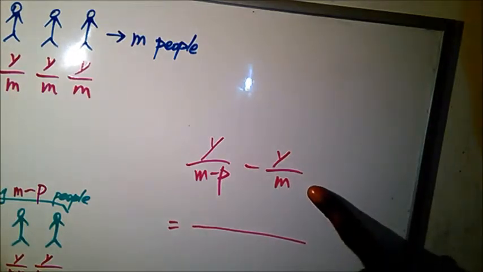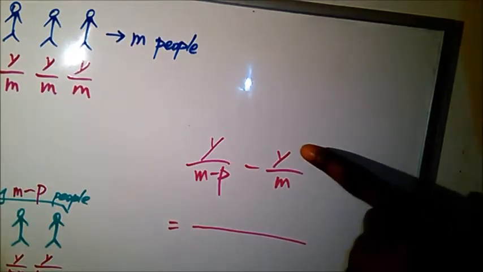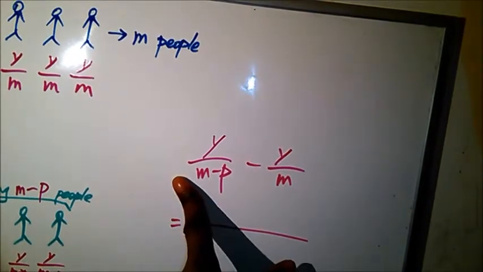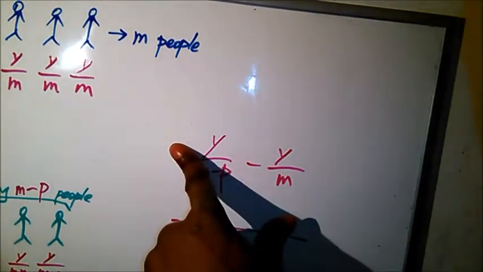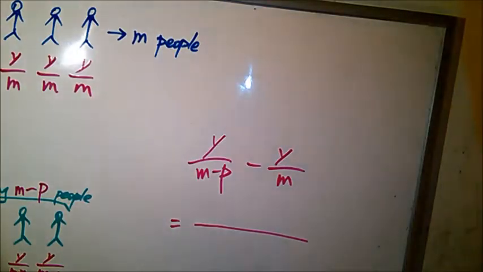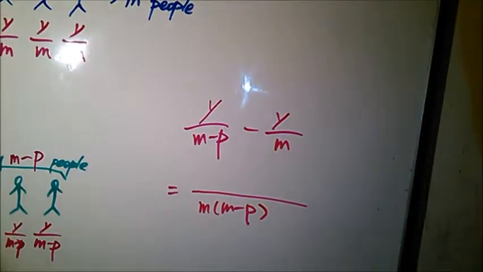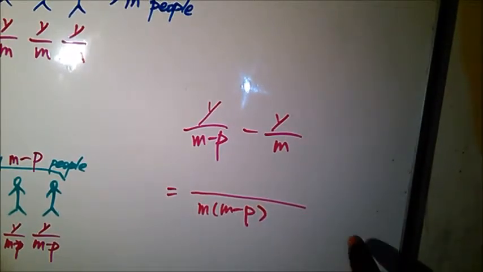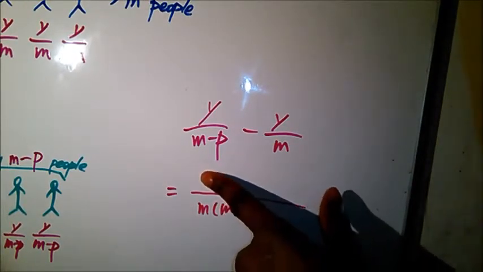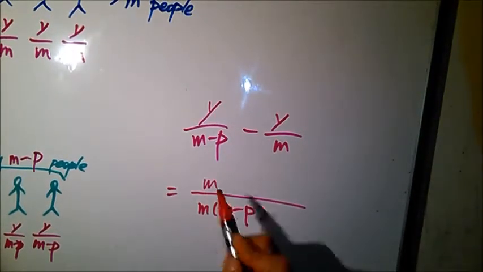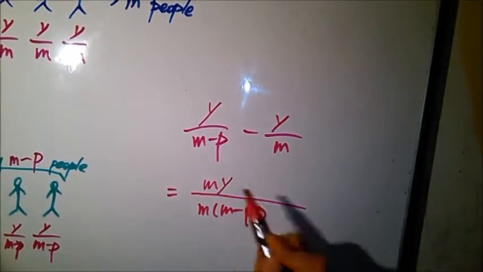And whatever we multiply here in the denominator, we also have to multiply here in the numerator. So let's do it. M times m minus p, right? And m minus p, we have to multiply in the numerator. M will be up here, times y.